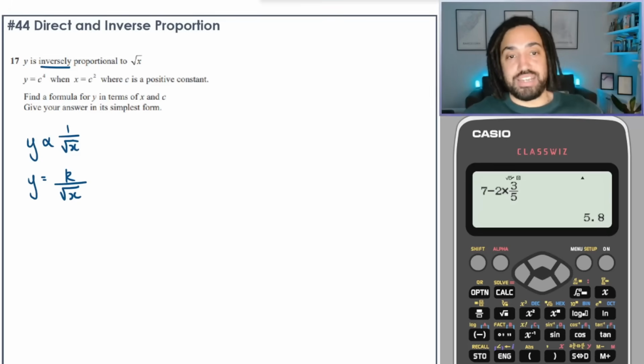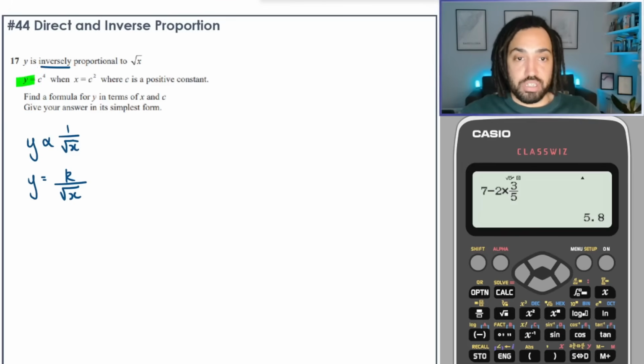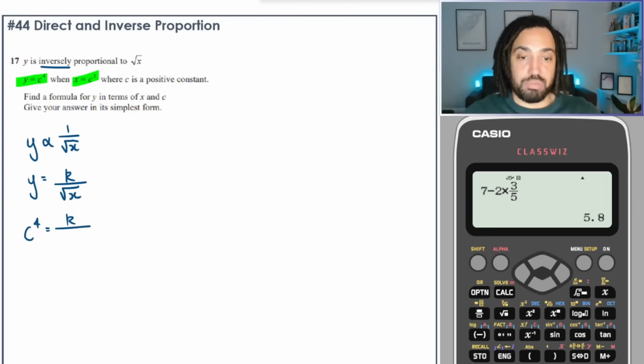Okay, now we need some more information to find k. We need to know some conditions. Well, we're told that y is equal to c to the 4 when x is equal to c to the 2. So we could substitute those in, replace the y with a c to the 4, and replace the x with a c to the 2.